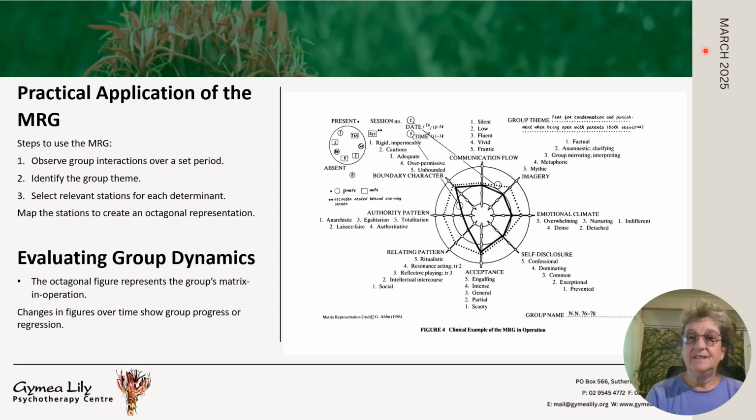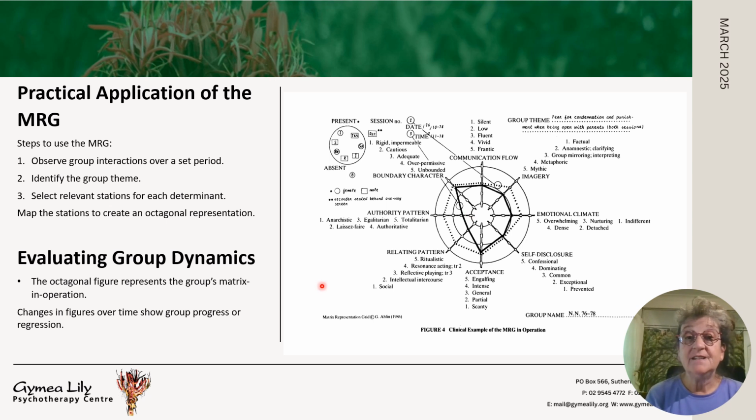What's selected here, for example, in week 1, is the authority pattern at number 4. I'm not sure if you can see it. Authority patterns are over here, and it was pretty close to the inner circle, number 4.